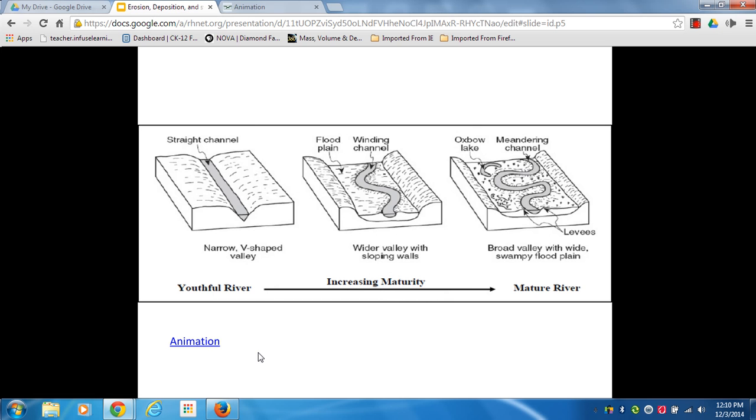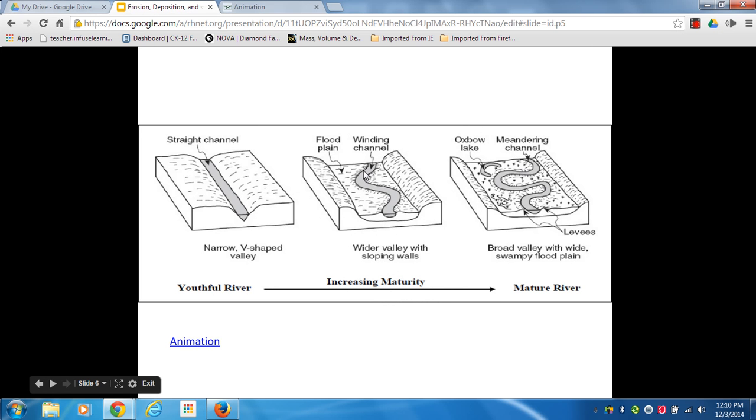Now, over time, a stream is going to change the way that it looks because of where there is deposition and erosion. So when we have a very youthful river, we have a very straight channel, and it's going to be a narrow V-shaped valley, and it's going to be relatively deep at the center, and that's a youthful river. But over time, we're going to get flooding.